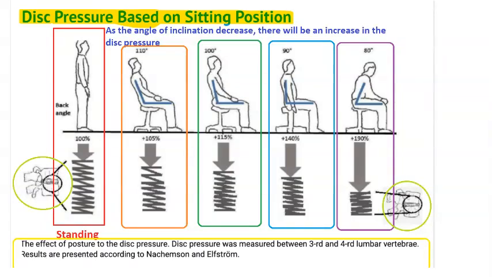As the angle of inclination decreases, there will be an increase in the disc pressure, as illustrated from 110 to 80. At 110 it is only 105% of pressure, but when it comes to 80, it is about 190% of increase in pressure.